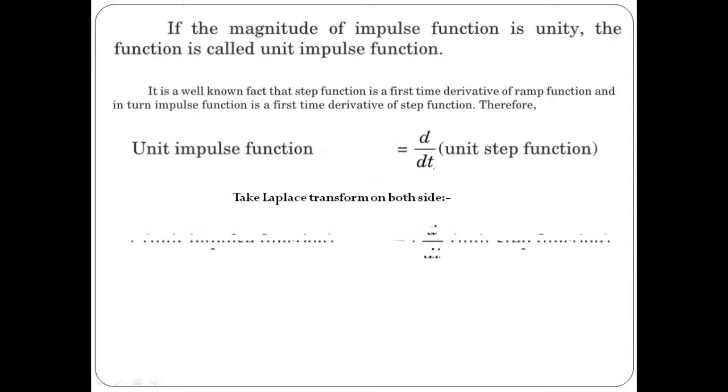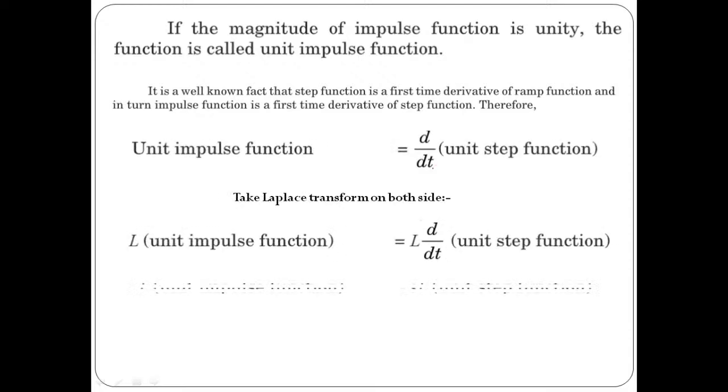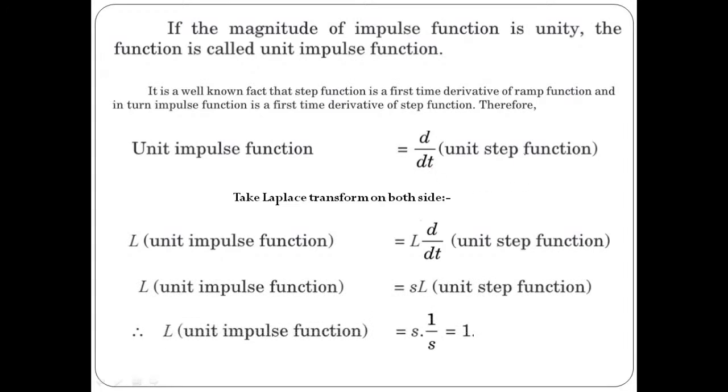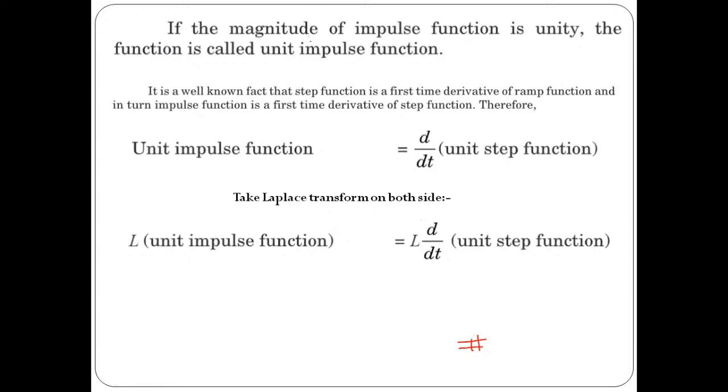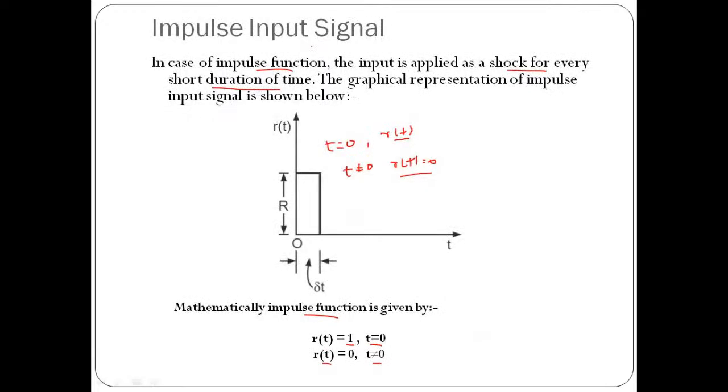And if you take the Laplace of the impulse, it is going to be 1. So finally, the Laplace of impulse is 1. And in the case of unit impulse function, this unit stands for the area under that particular curve.